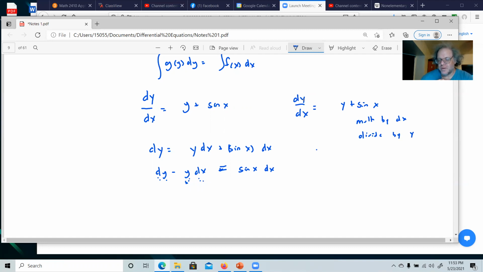So I'm going to have dy over y equal to, well, the y divides, so we just have a 1 dx. So far it's looking pretty good, but then we have sine x over y dx. That's not y by itself. So that doesn't work. You can't do that.